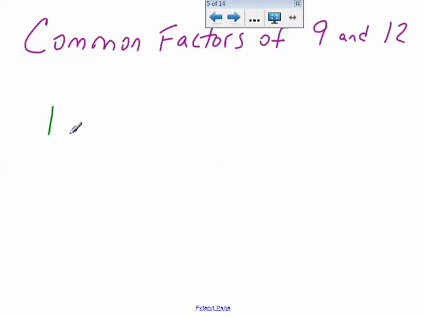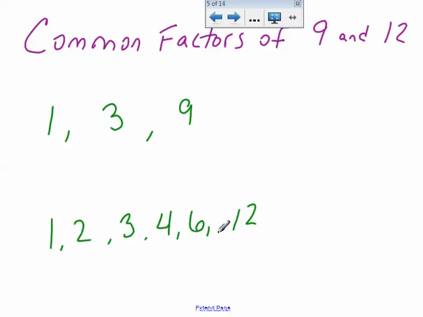They are 1 and 9, and then 3. That's it. Those are all the factors of 9. Easy enough. The factors of 12: 1, 12, 2, 6, 3, and 4.